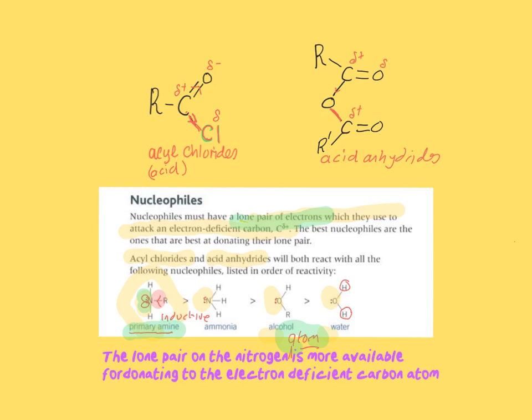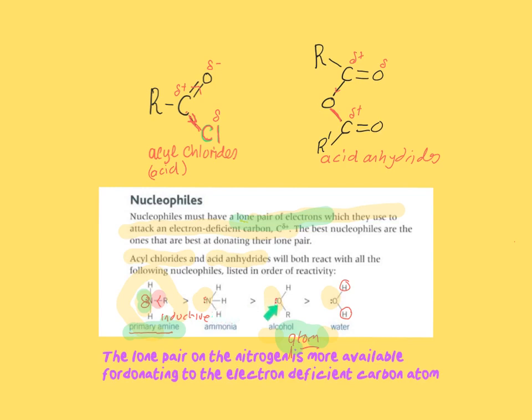The inductive effect is enabled by the fact there's an alkyl group here, or a CH3 or a CH2, and that alkyl group is able to push forward electron density, making the electrons more available for donating. Whereas in ammonia, which is simply an amine but with a hydrogen instead of a CH3 or CH2, hydrogens have got much less electron density and therefore the inductive effect is less.